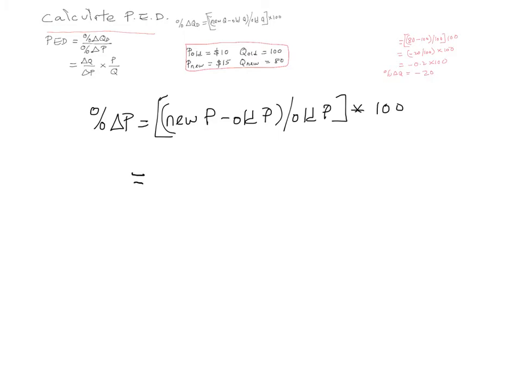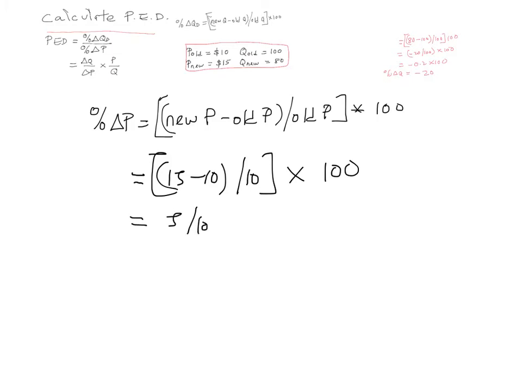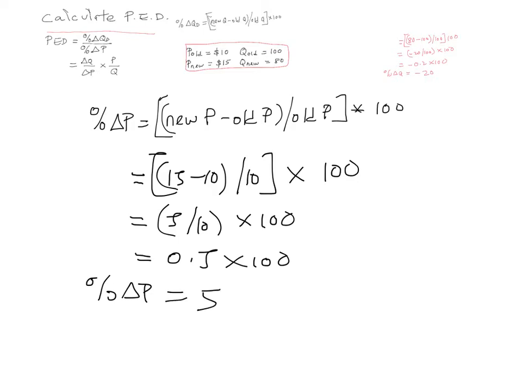The new price is $15. The old price is $10. Divide by the old price, times 100. 5 over 10 times 100, 0.5 times 100. And the percentage change in price is going to be 50%.